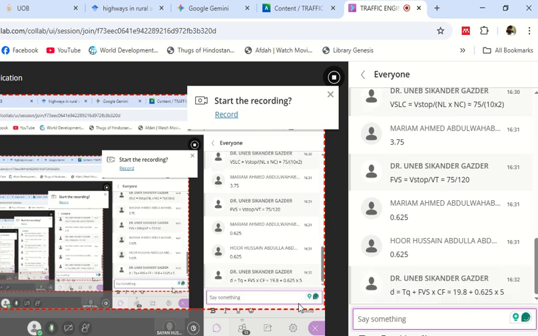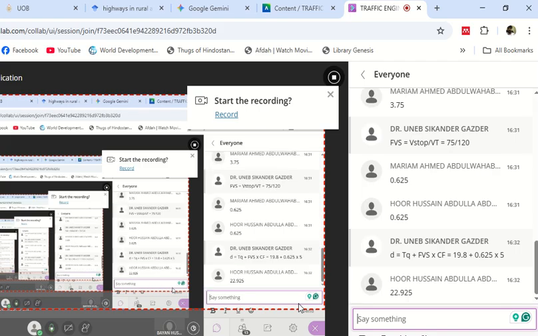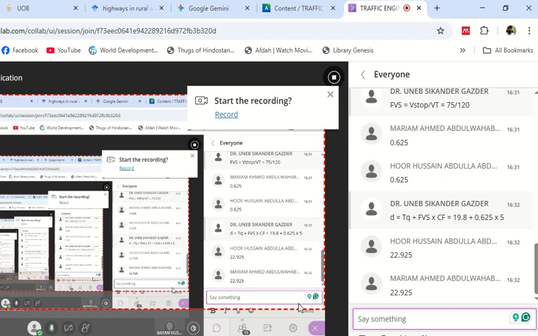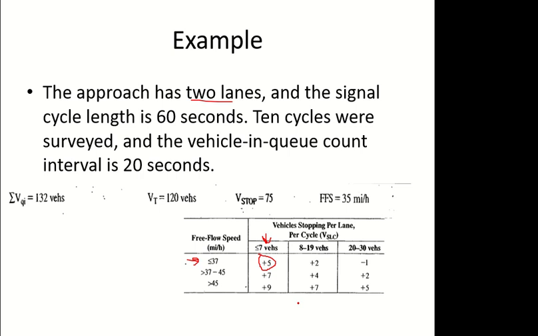How much is this? And again the units are seconds per vehicle. So this signal causes 22.9 seconds per vehicle of delay. On average every vehicle is delayed by 22 seconds because of this signal.